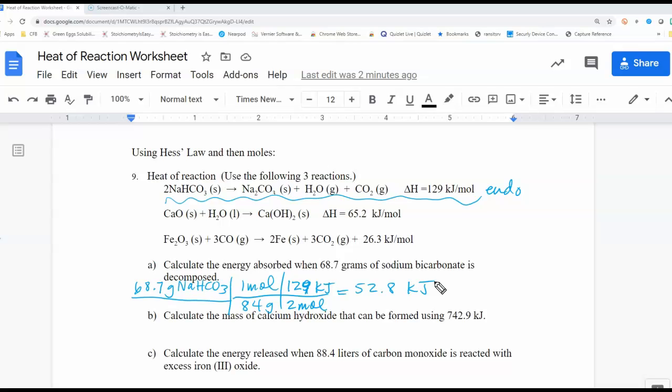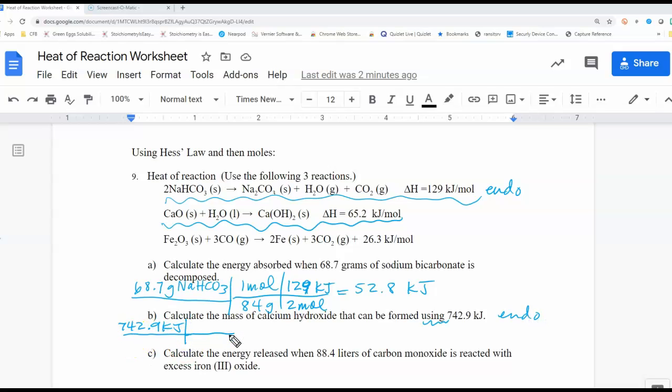All right, so my next question is: calculate the mass of calcium hydroxide that can be formed using 742.9 kilojoules. Okay, so the mass of calcium hydroxide that can be formed is going to be talking about this reaction right here, and we're going to use 742.9 kilojoules. And by using the terminology "using," we're going to assume that this is endothermic, and so that's going to be positive.